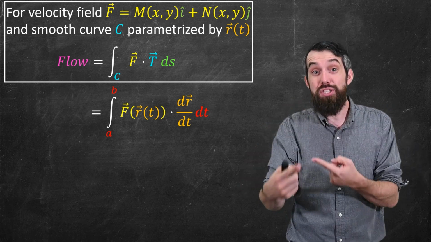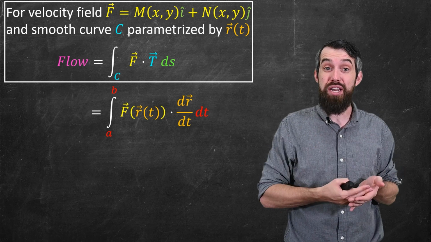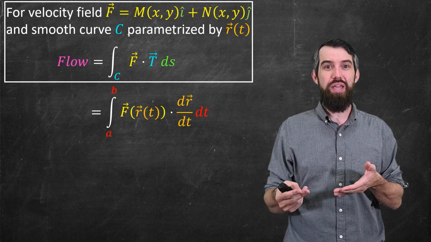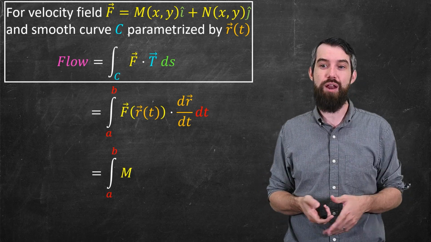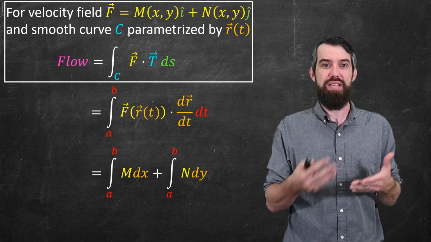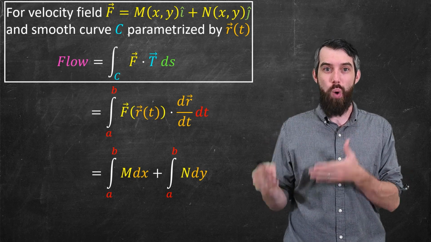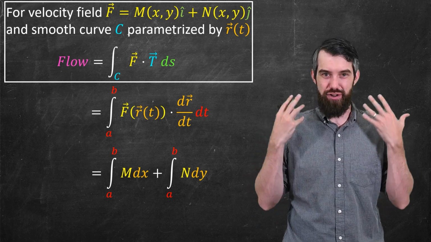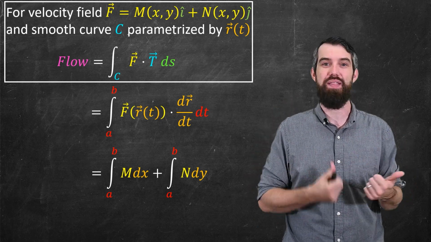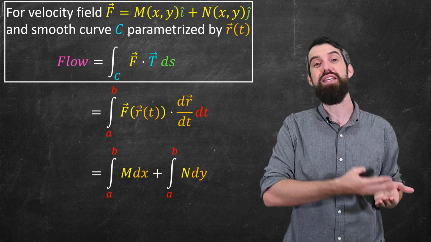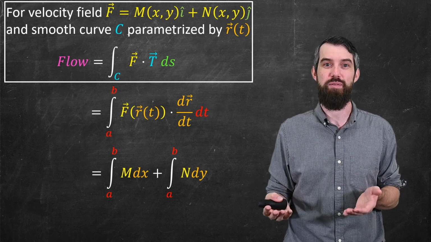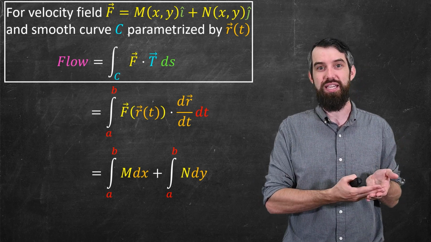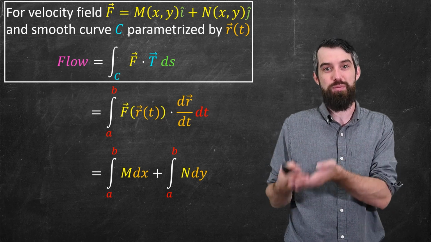We've also seen in the video on line integrals with respect to x that we can rewrite this in a new shorthand. We can just call it the integral of M dx plus the integral of N dy. I often like remembering this third version of it. It's just a shorthand that I think is really simple. I just plug in the M and the N, and then I have to remember the dx and the dy are always going to be g prime of t dt and h prime of t dt, respectively.